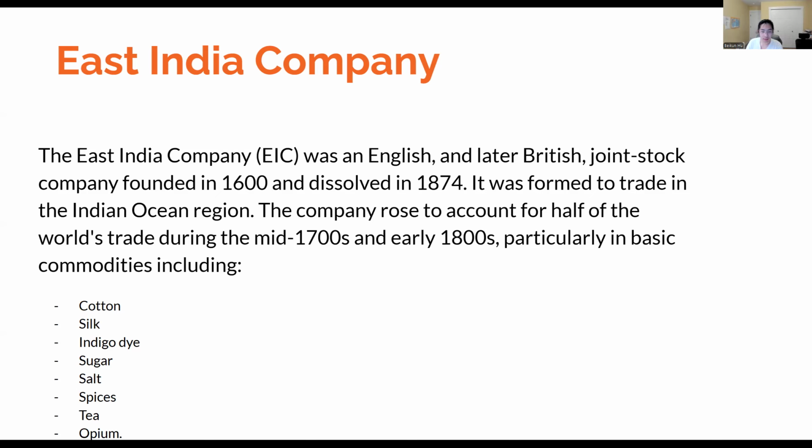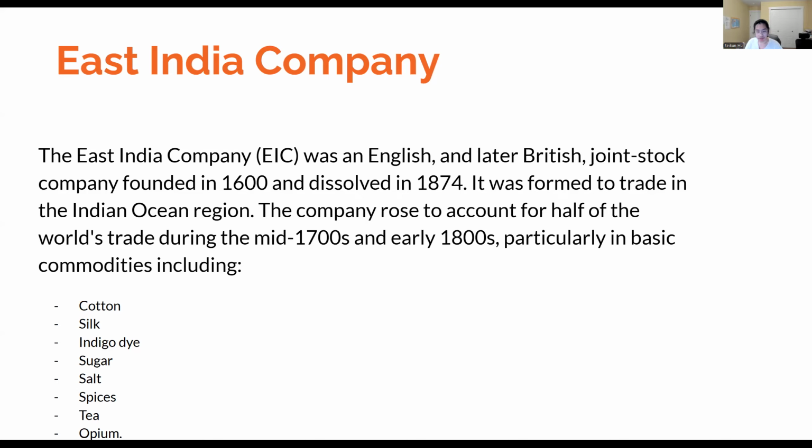So at the peak, the company was the largest corporation in the world by various measures, and it actually had its own armed forces in the form of the company's three presidency armies, about 260,000 soldiers, which is surprising because it was twice the size of the British Army at the time. So this company held a lot of power.